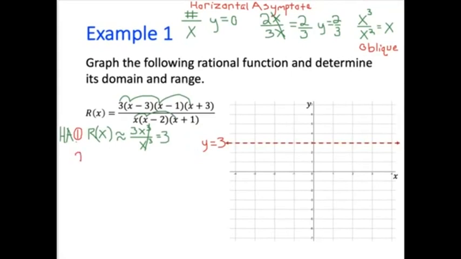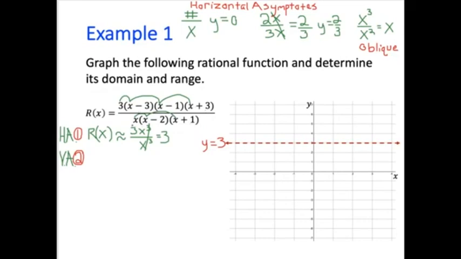Now for step 2, we're going to find any vertical asymptotes. And then we're going to go ahead and put them on the graph. And notice that I abbreviated VA instead of writing out vertical asymptote. So vertical asymptotes occur when you have solutions in the denominator that don't also appear in the numerator.